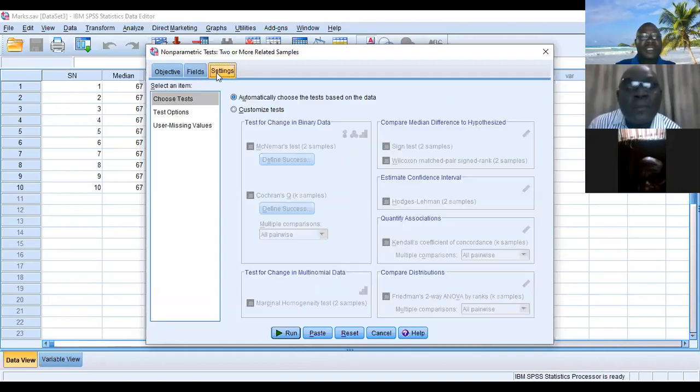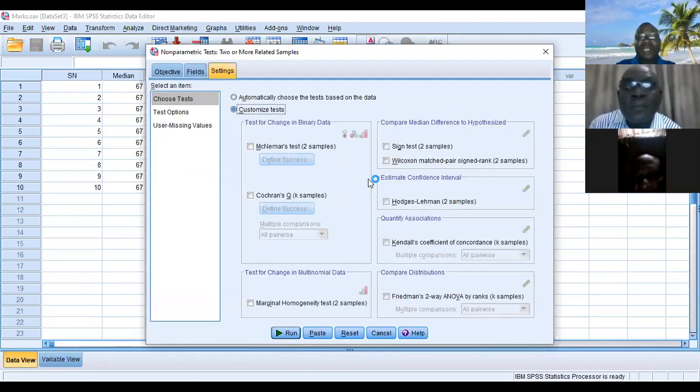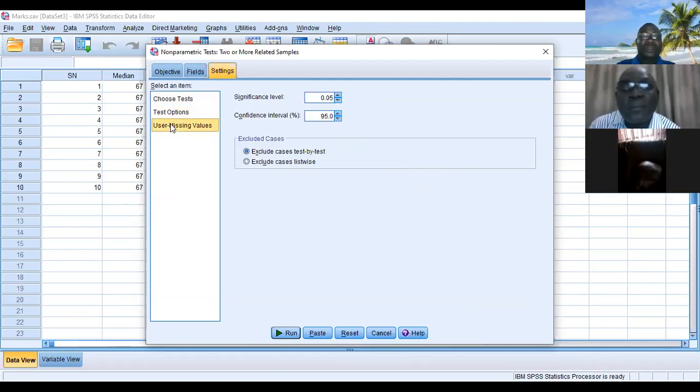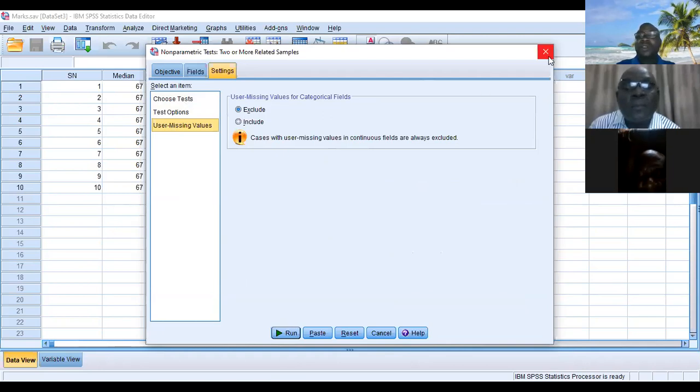You now click on settings, and customize here, and come to where it has the sign and Wilcoxon. There is a place where you put it. Okay, let me just run it now. Just wait. There's an option now.